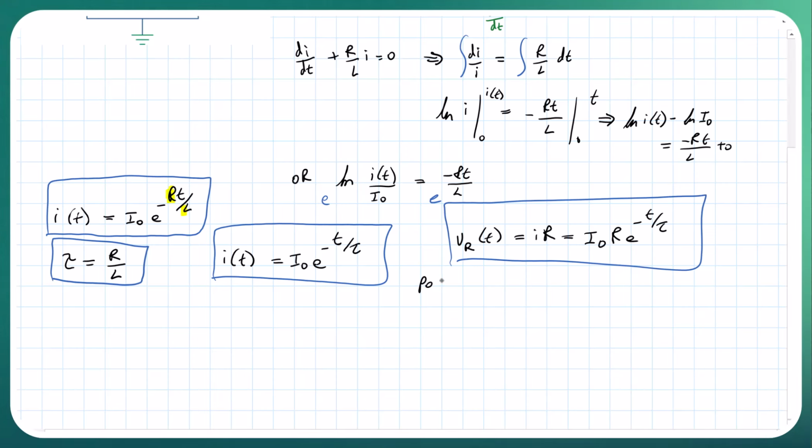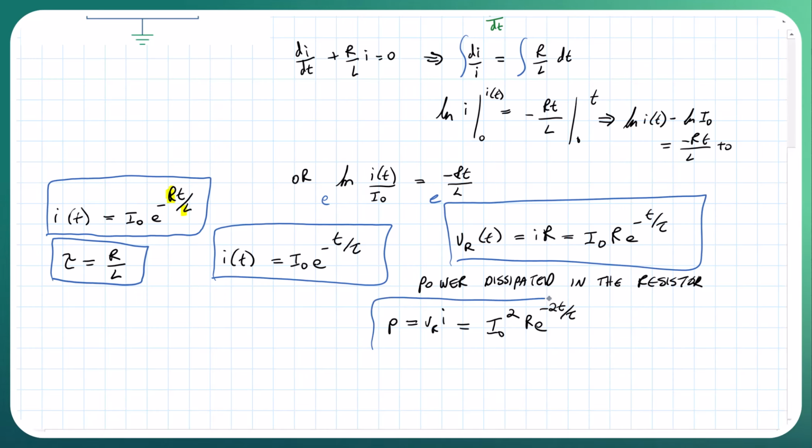Then we can look at the power dissipated in the resistor, which is just P equals V sub R times i. Substituting, V sub R is I naught R e to the minus t over tau, and that gives us I naught squared R e to the minus 2t over tau.